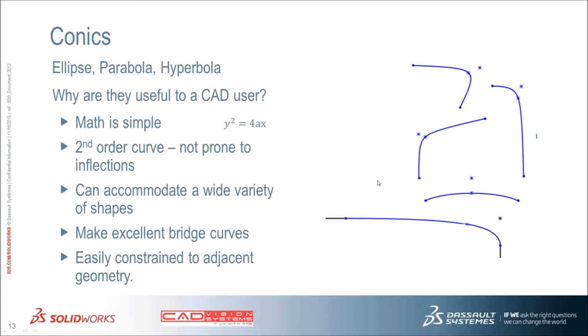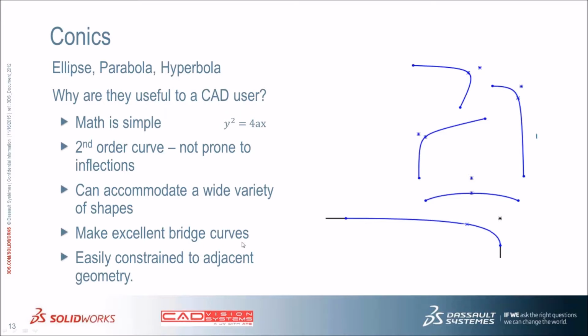From a mathematical standpoint, as you can see from a conic, the math is essentially y squared equals 4ax. It's a second order curve, so we don't really have to deal with the issue of reflections. And as you can see here, it accommodates a wide variety of shapes.